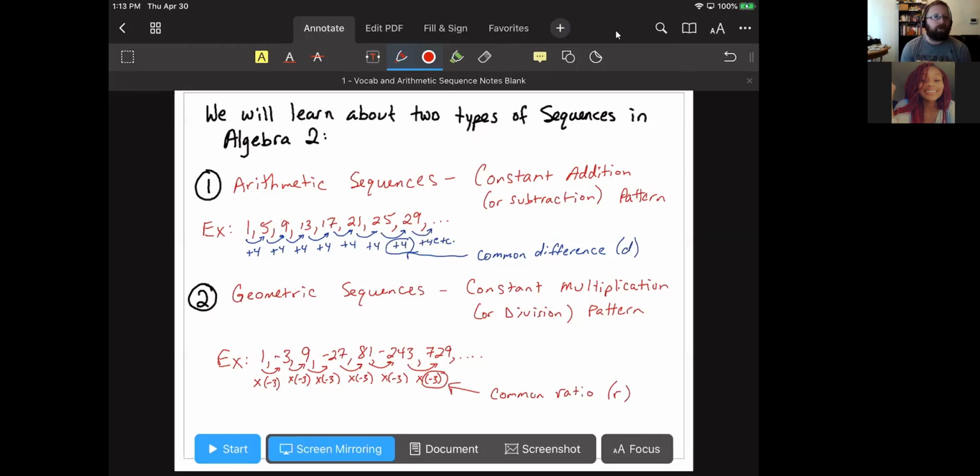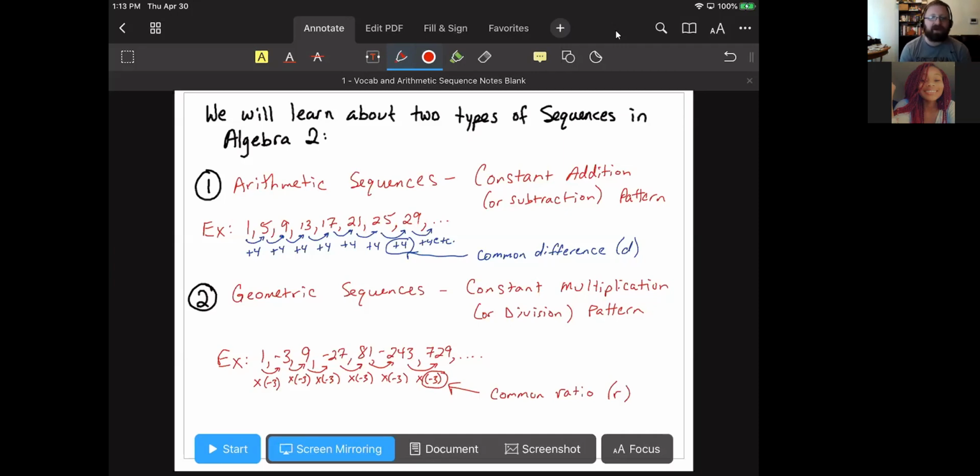But the first skill we're going to practice, the first one that's going to be assigned to you in your homework assignment tonight, is being able to tell whether a sequence is arithmetic, geometric, neither, or potentially, and it doesn't happen very often, both. Okay? So arithmetic sequences have a constant addition or subtraction pattern, and geometric sequences have a constant multiplication or division pattern.